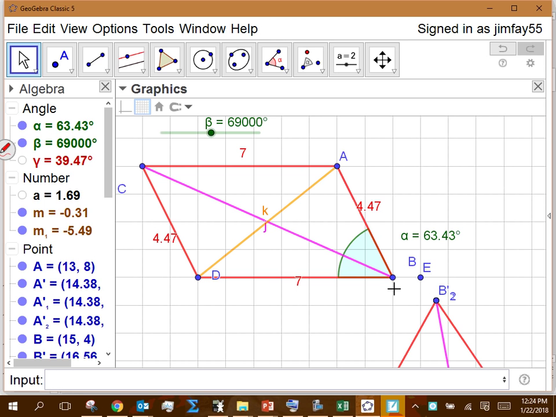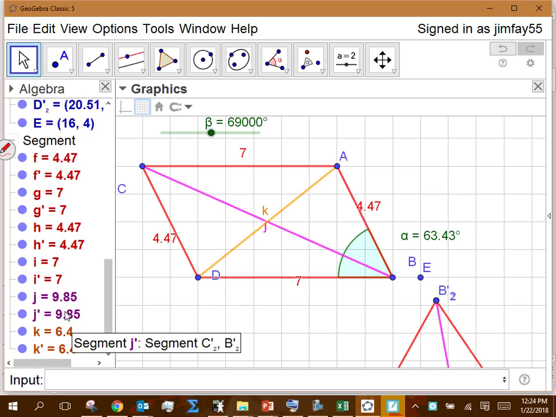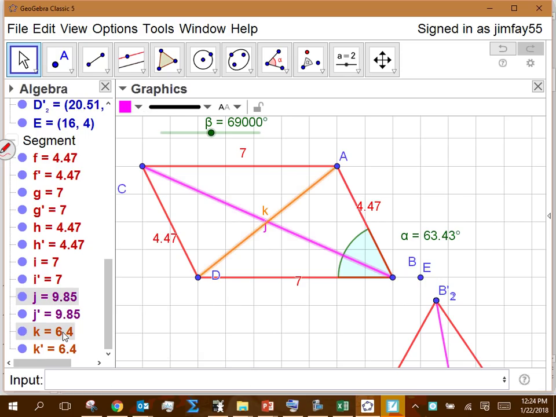If I look at some distances down here, this distance right there and that distance right there, the 9.85 and the 6.4, those are the diagonals. That's the orange segment and the purple segment. And you see that they're different, right? And that's what we talked about with just a generic parallelogram. They are going to be different.